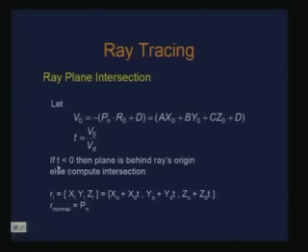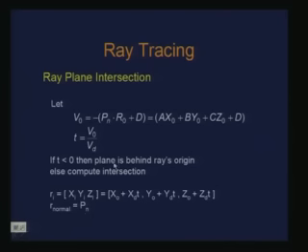If we find that t is in the valid range, then we substitute that t to get the point of intersection, which is xi, yi, zi, and the normal is nothing but the plane normal itself.